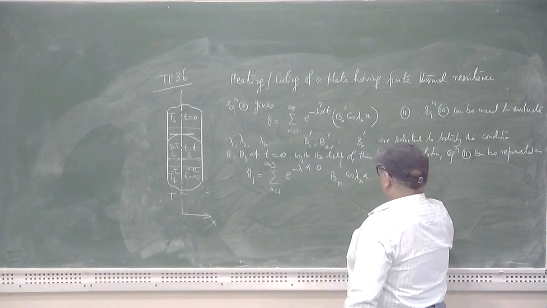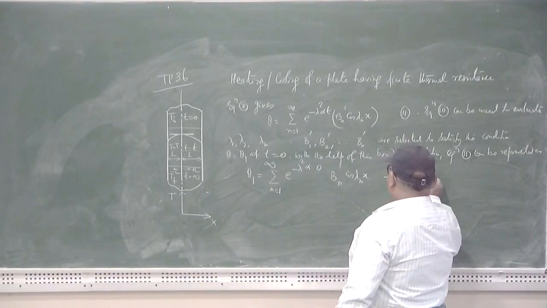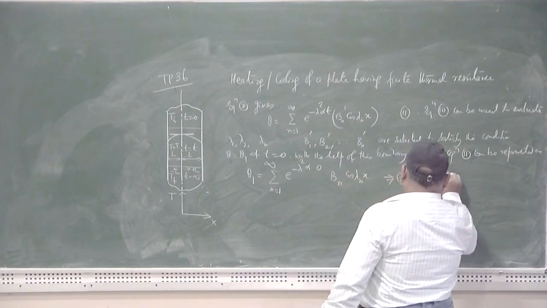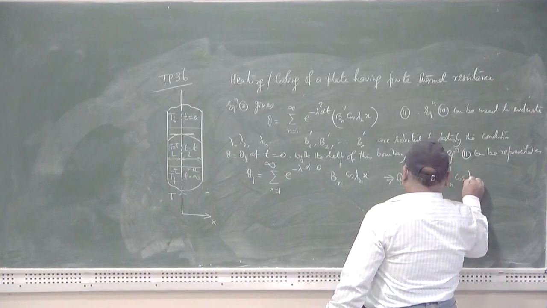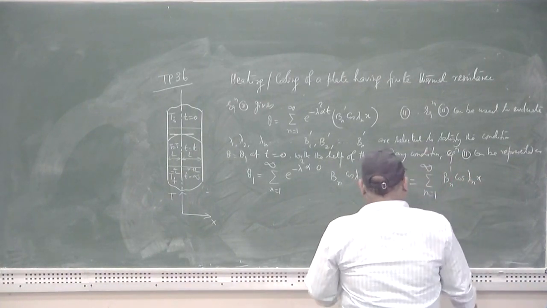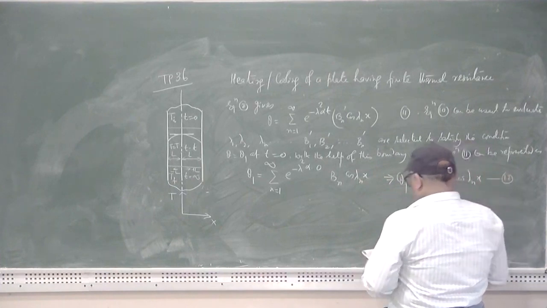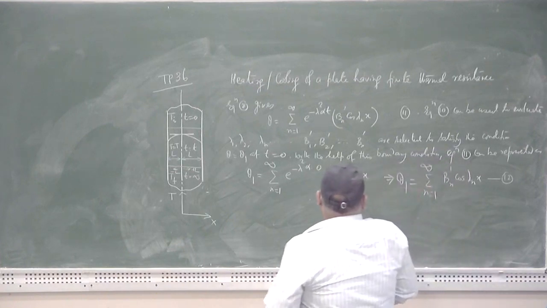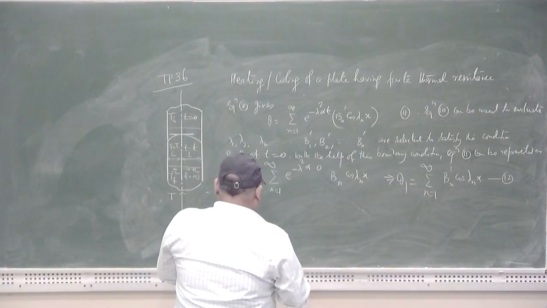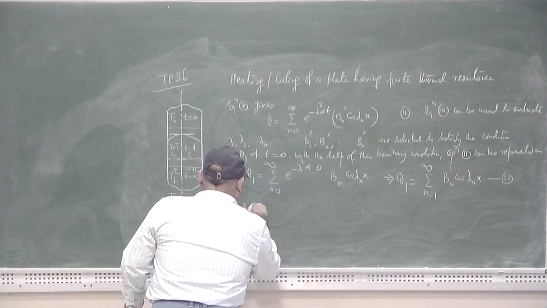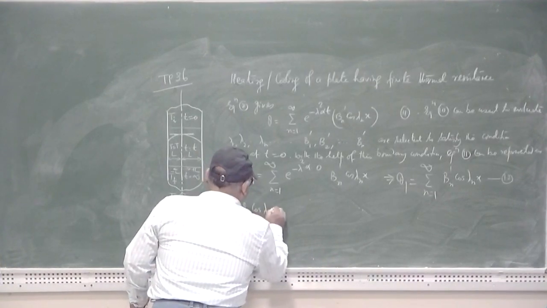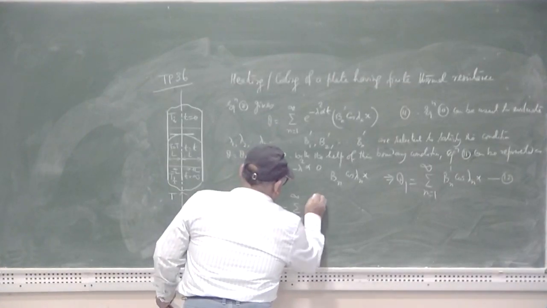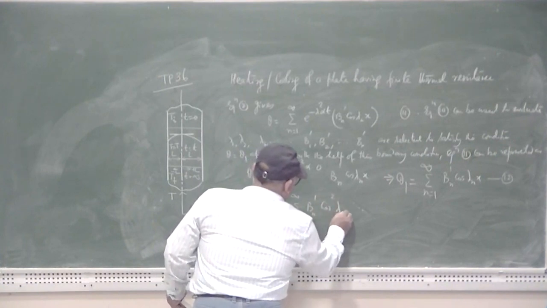So theta 1 comes as summation n equal to 1 to infinity, this is equal to 1, bn dash cos lambda nx. Let it be equation number 12. Or multiplying both sides by cos lambda nx, we will get theta 1 cos lambda nx equal to summation n equal to 1 to infinity bn dash cos square lambda nx.